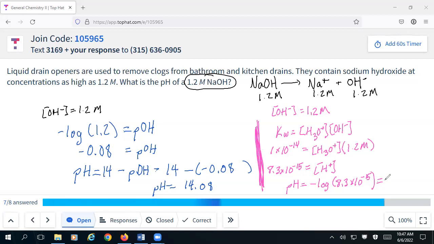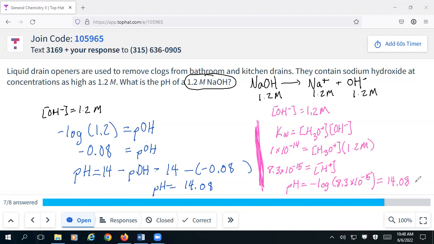So the opposite of the log of the value there would give us two decimal places the same, 14.08. So honestly, both approaches work. It's really a stylistic difference.